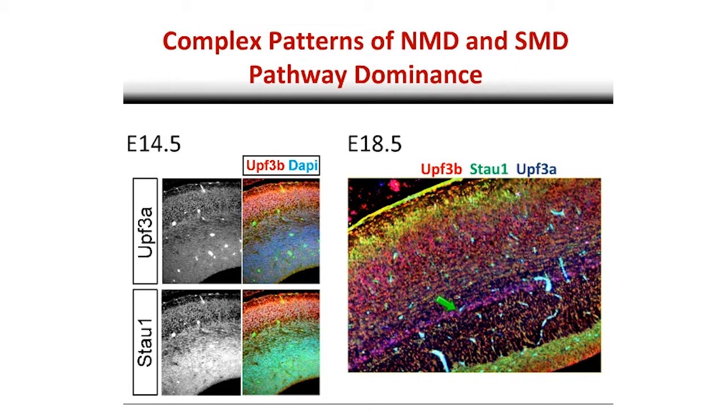So here are some cells that have UPF3B and UPF3A. Out here is another layer which seems to be more strongly expressing UPF3B, and out here again, Staufen-1 seems to be dominating. So there's certainly an interplay between these different pathways, and it seems to be stratifying the cortex in a way that might be demarcating particular neural cell types.